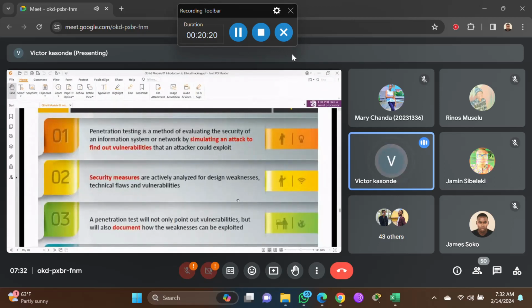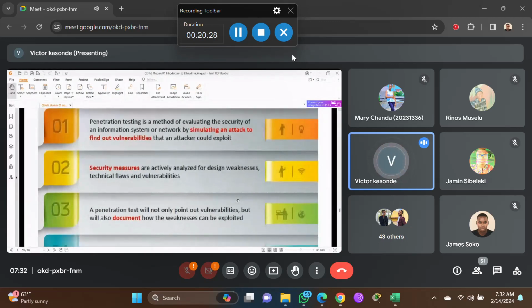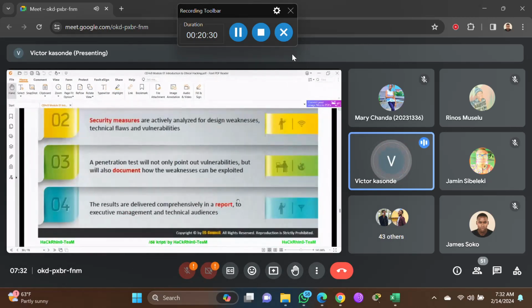Security measures are actively analyzed for design weaknesses, technical flaws, and vulnerabilities. So you check. A penetration test will not only point out vulnerabilities, but will also document how the weaknesses can be exploited.